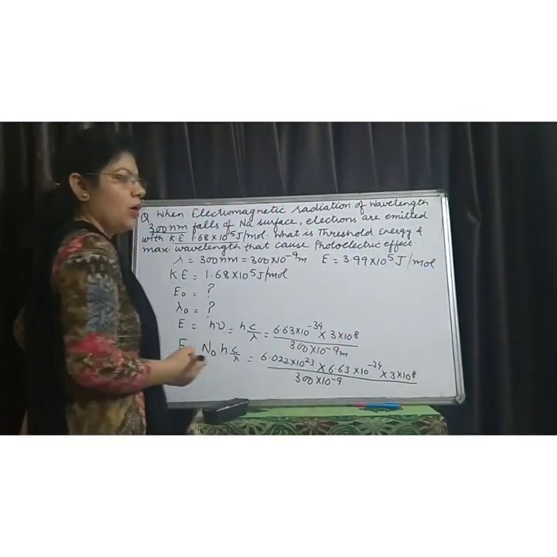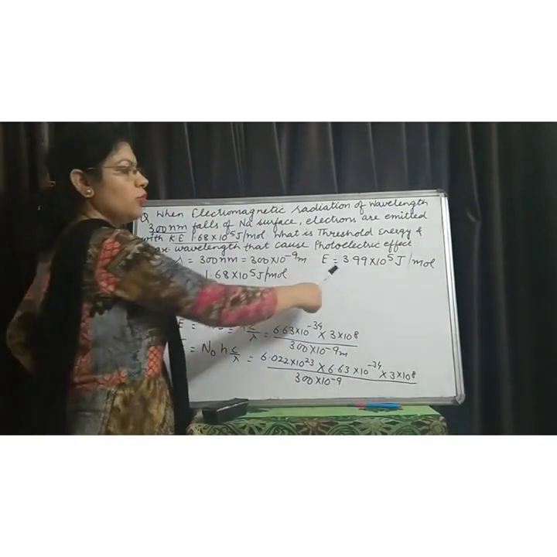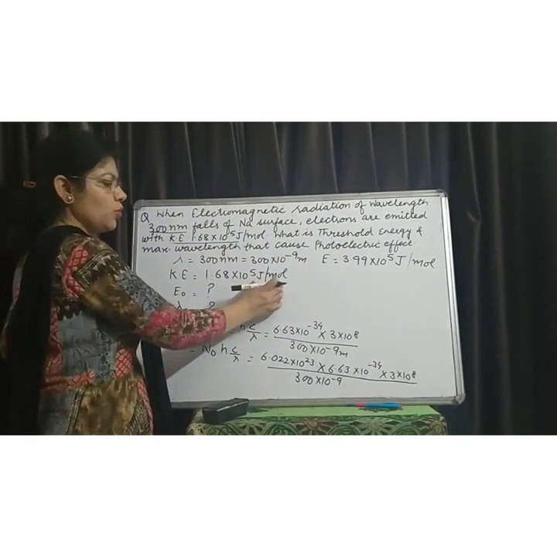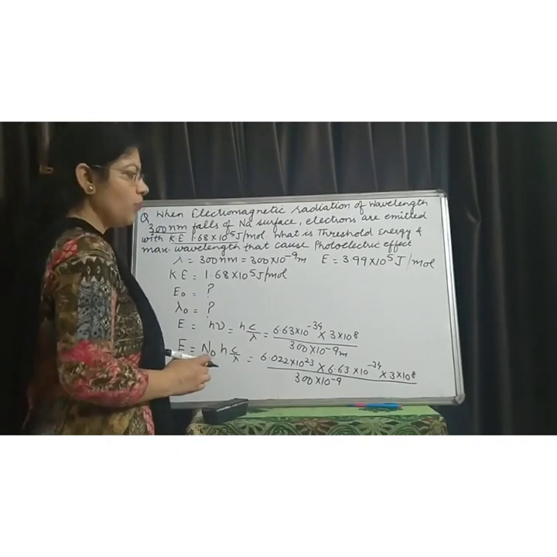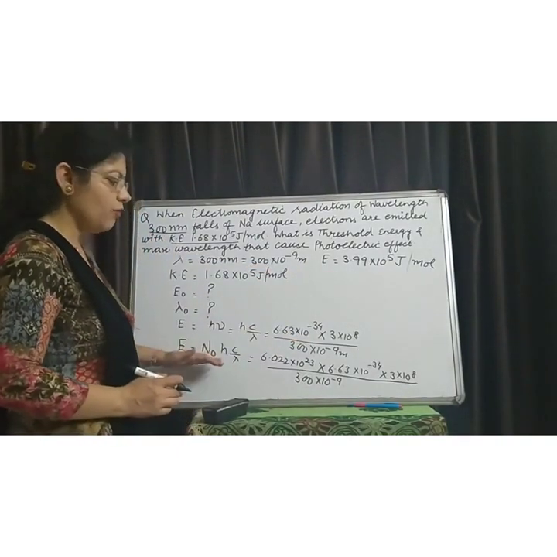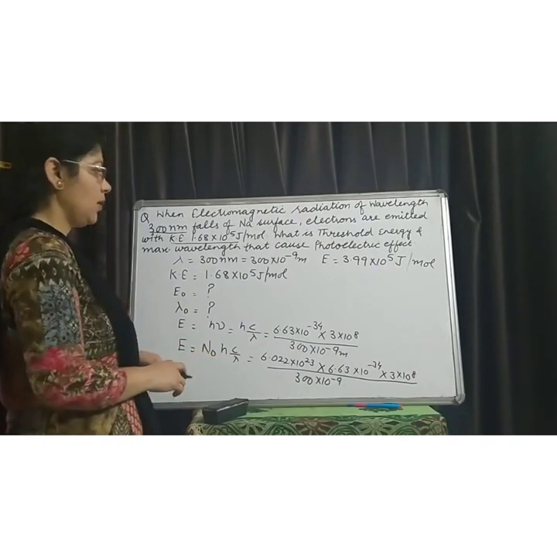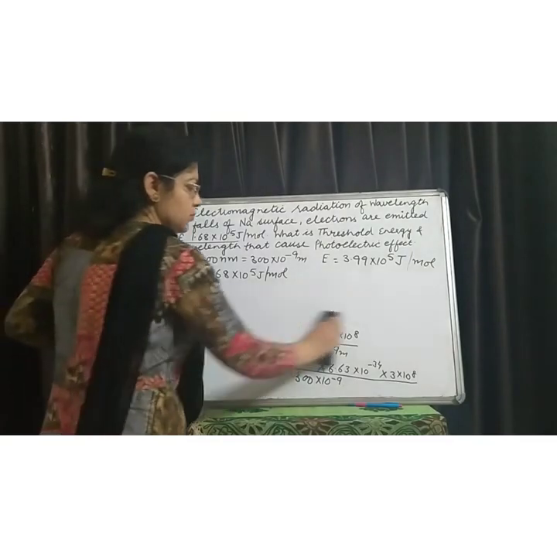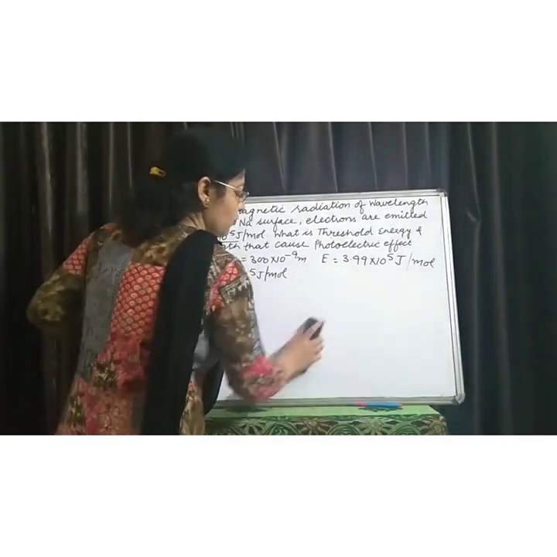Why do we convert this into joule per mole? Because kinetic energy is given in joule per mole. Therefore, we have to multiply this energy by Avogadro number. This is the total energy of the radiation in terms of mole.